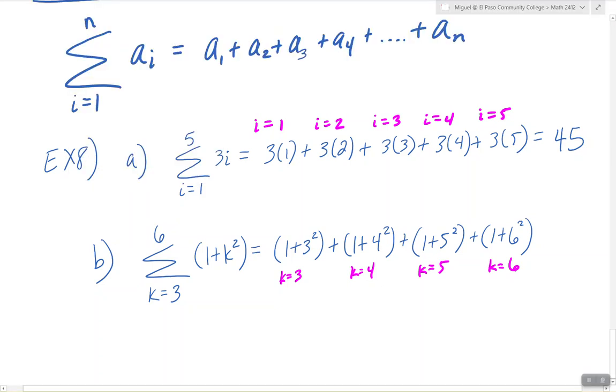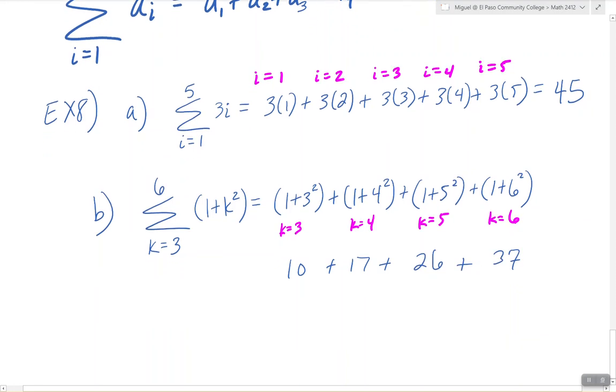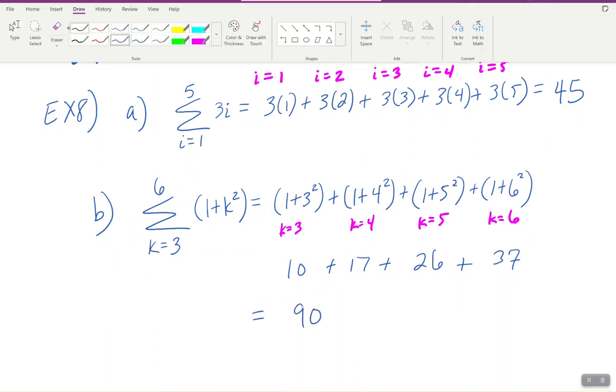And then you calculate these out. This is 10 plus 17 plus 26 plus 37. So for this one, we get 90.